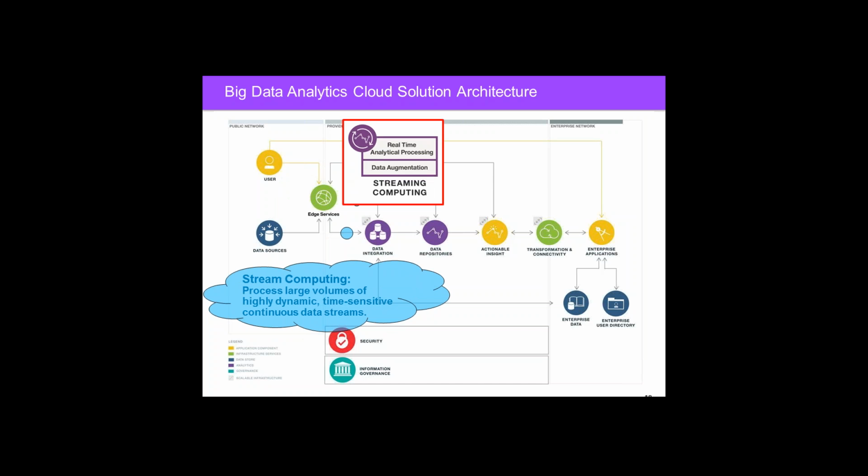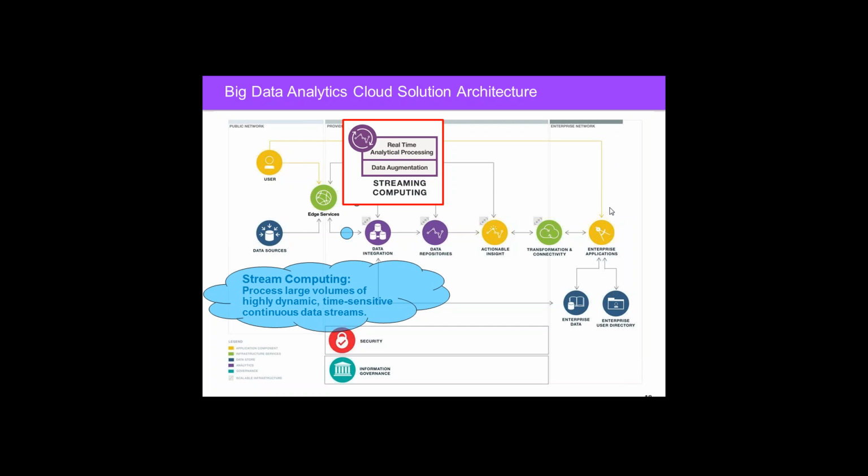Right, so the first capability within a big data and analytics solution architecture provided by the cloud provider is the real-time analytics engine, or the streaming computing component. It typically has two key components: a real-time processing capability and a data augmentation capability. The real-time engine speaks to the capability to ingest continuous streams of data.